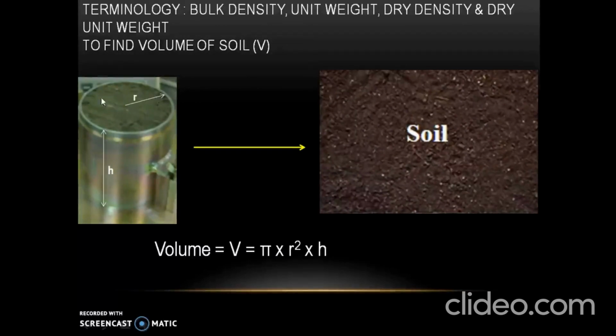Since soil is in this mold, the volume of mold itself will give us the volume of soil sample. Since it is a cylindrical mold, its volume is given by V is equal to pi r square into h. Hence, volume of soil sample is also equal to pi r square into h.